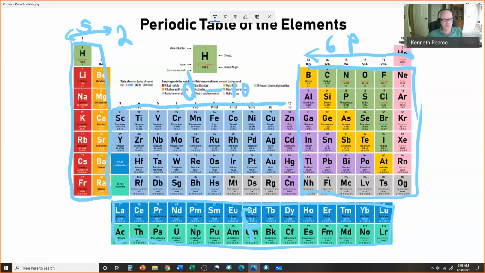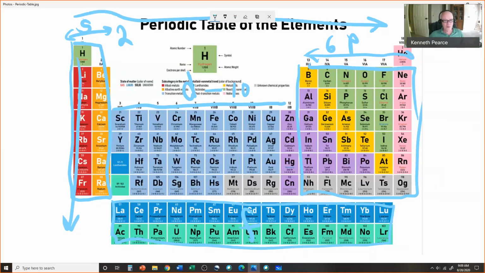So what we're going to do is go left to right, top to bottom, as we try to write out our electronic configuration. Now look, the S and P elements are the only ones we're going to focus on.